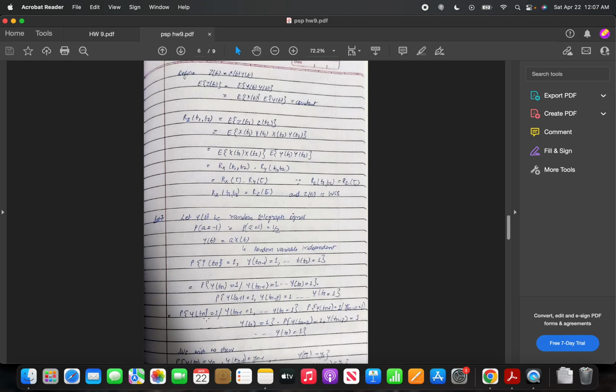So here we are splitting the term at tn-1, so the first term will remain as it is.